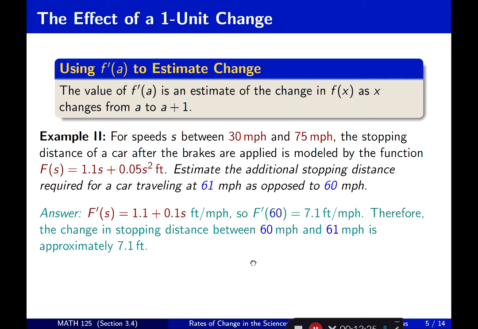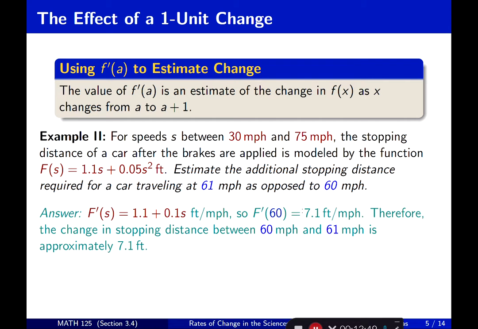Then if you calculate f prime at 60, it gives you 7.1. Plugging in 60 here is a lot easier than plugging in the two values and subtracting. You get 7.1 feet per mile per hour.